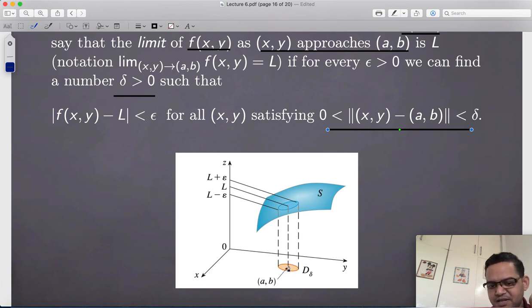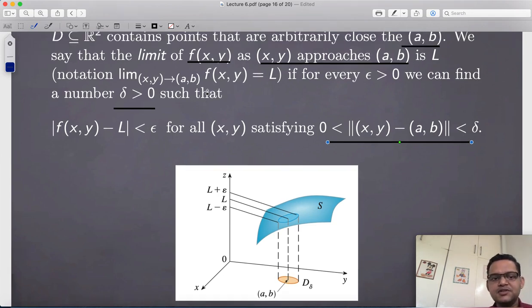The point (a, b) need not be part of your domain, and you need to verify this for all points in a small neighborhood. Basically, you fix any epsilon positive. This can be a very small number.